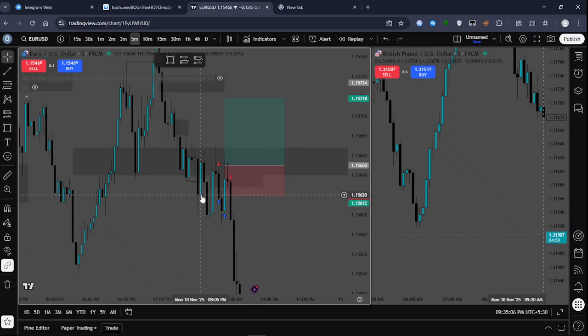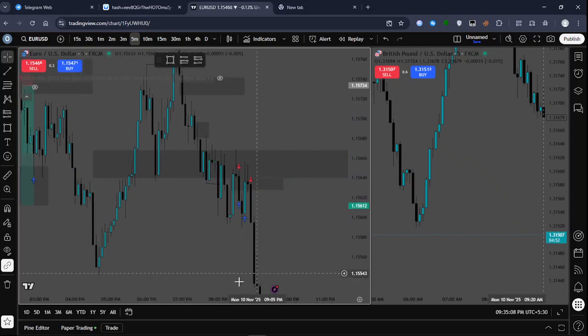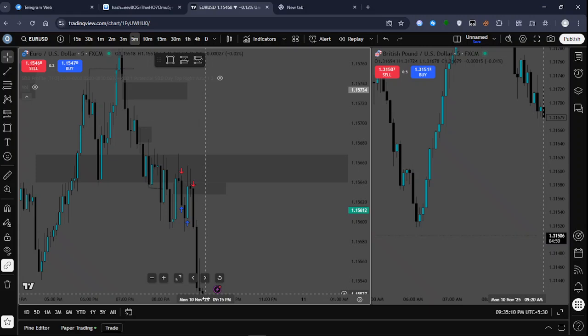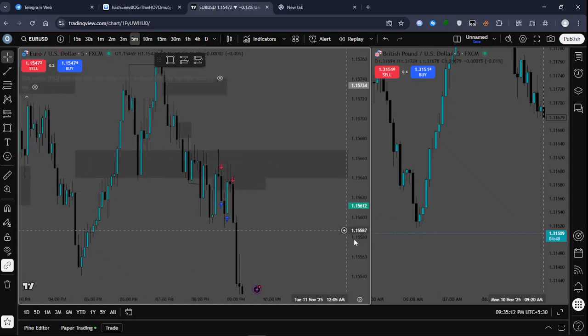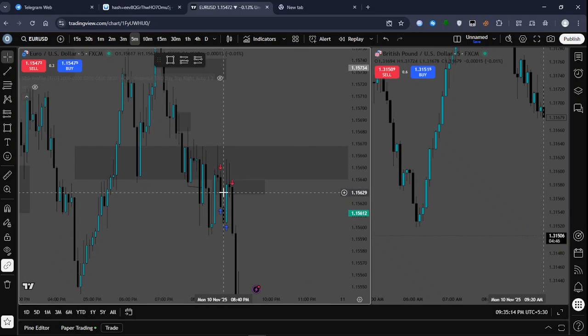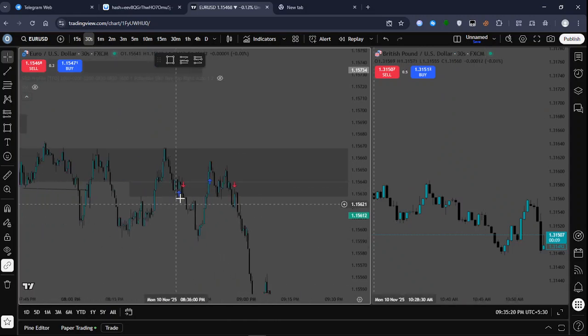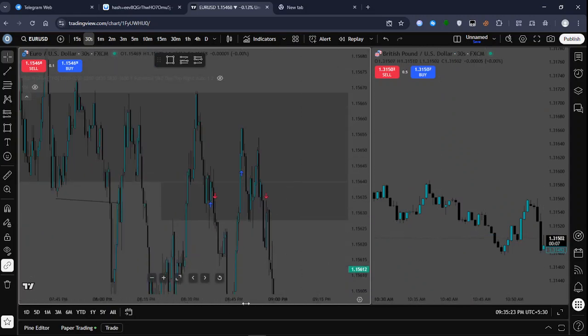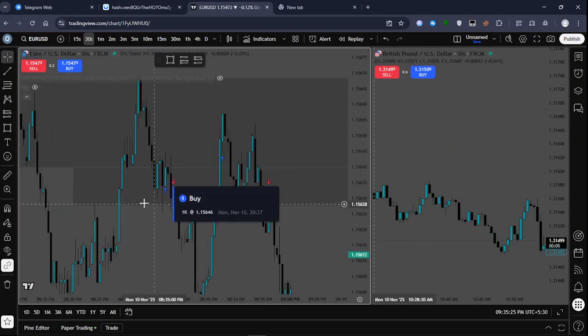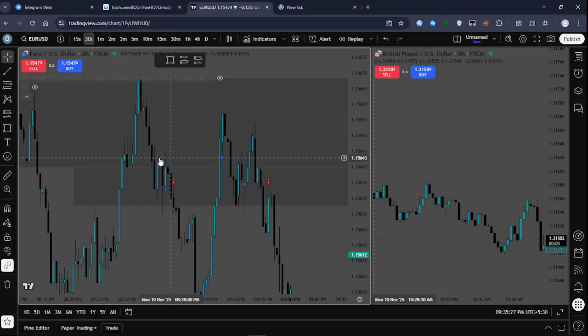When this 5 minute fair value gap got formed, the idea was, okay, now I would like to see the respectance from here and based on that make a decision. If we can respect this one, I can look to see price displace higher. So going to the 30-second time frame, when we had the internal sweep here and we were breaking above this high, I bought it.